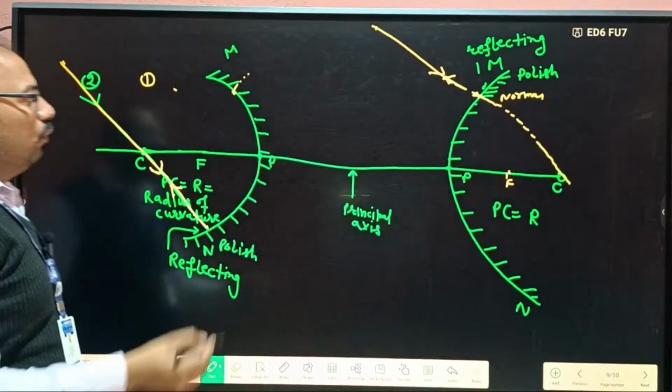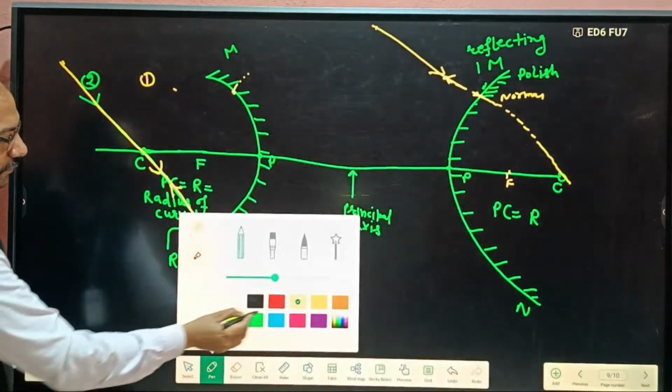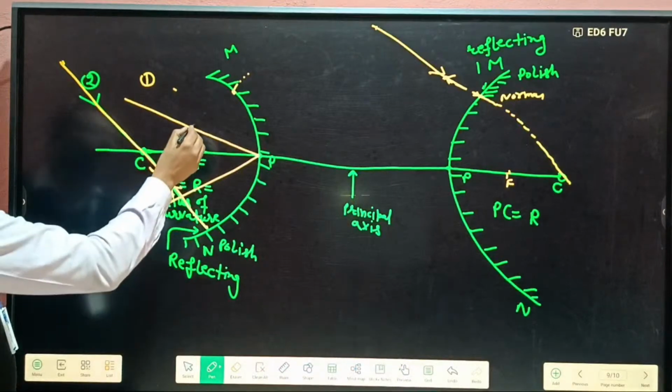And the third rule: when an incident ray comes in the direction of P, it is reflected with the same angle.